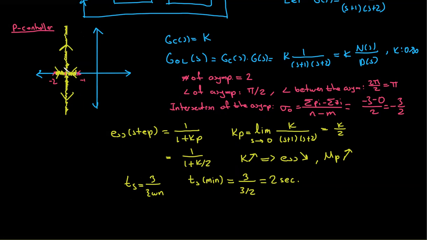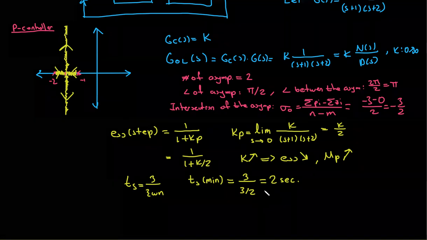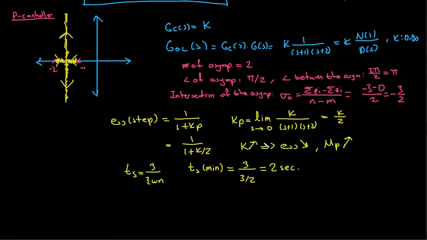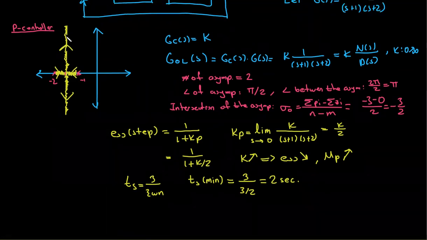It will stay the same. It will be 2 seconds, right? Because the real part of the poles will be the same once they break away. Yes. Oh, okay, perfect. So let's continue with the PD controller then.